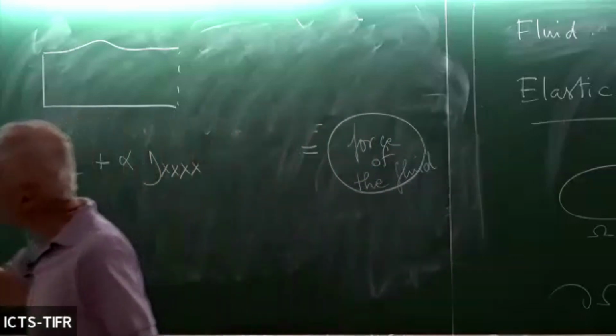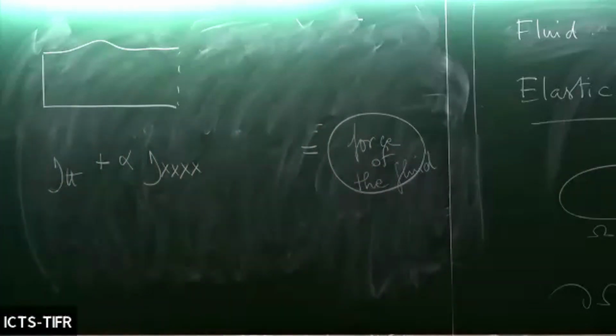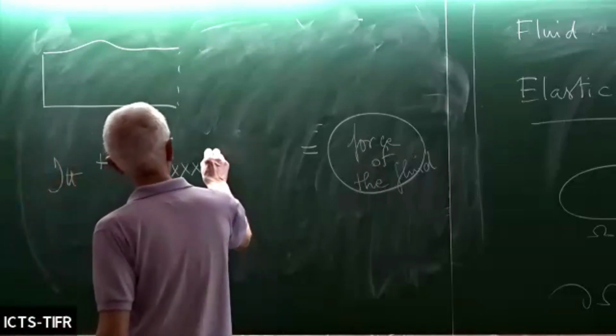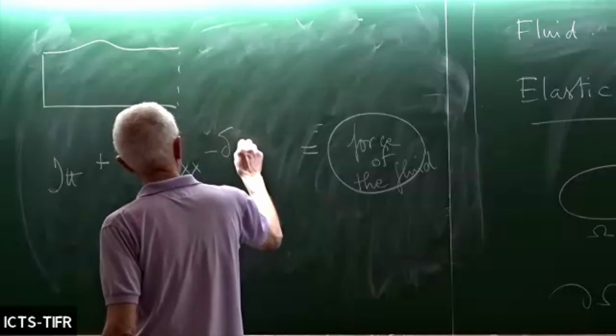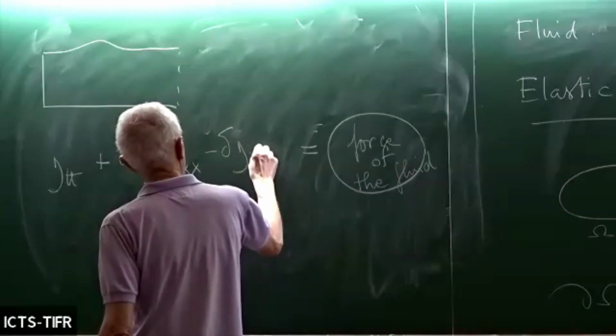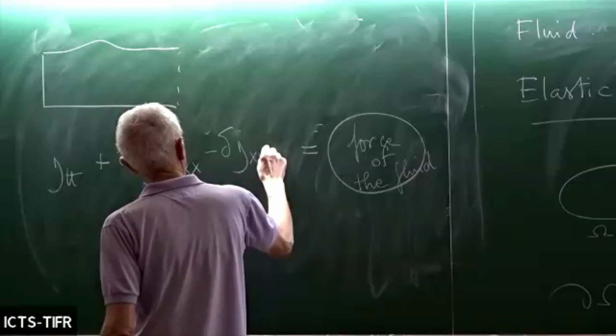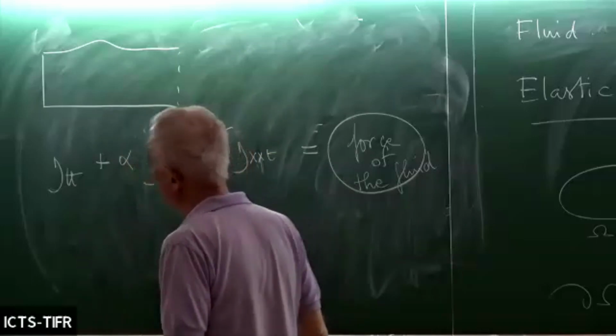And in the model I'm going to consider, I'm going to assume that I have some damping here. So it's an elastic beam with a damping, which is eta xx, the time derivative of this quantity.